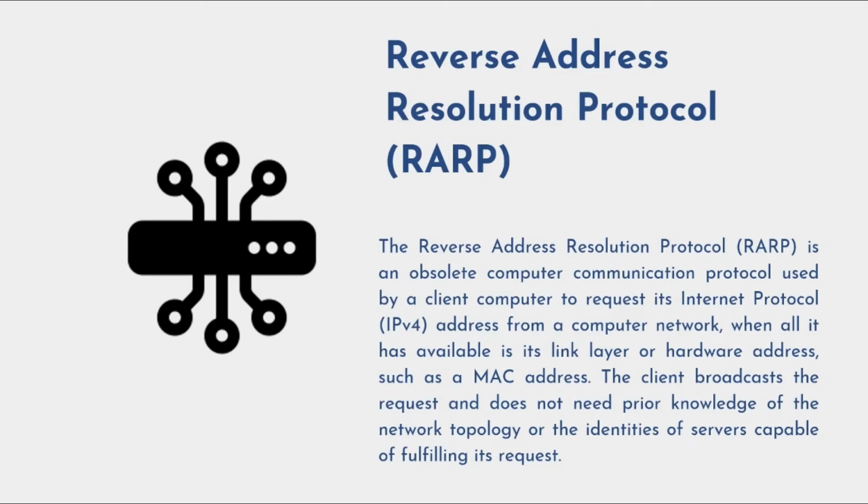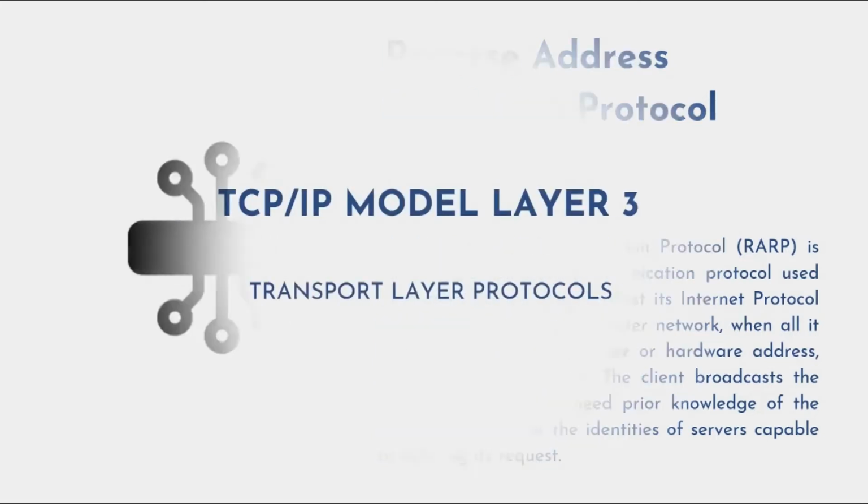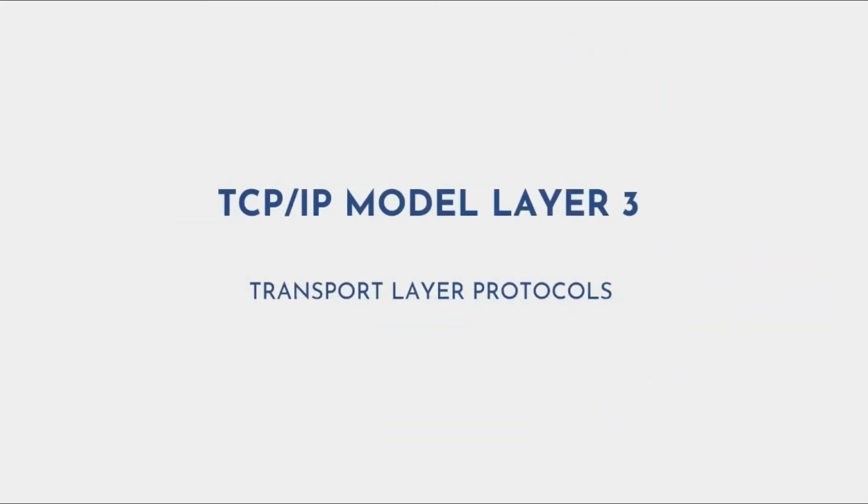When all it has available is its link layer or hardware address, such as a MAC address, the client broadcasts the request and does not need prior knowledge of the network topology or the identities of servers capable of fulfilling its request. Next, I will be explaining transport layer protocols.